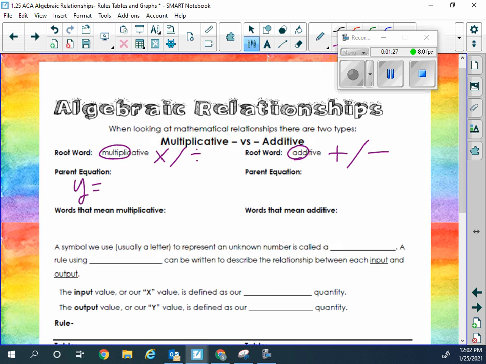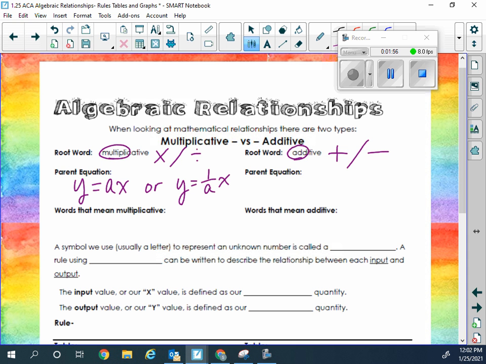So in a parent equation for multiplication, it might be y equals ax, where a is a number. Or, what did it look like for division? You guys remember? That's right, it was times a half. So then that would be 1 over a, because it could be half or ninths or fourths or whatever it is.